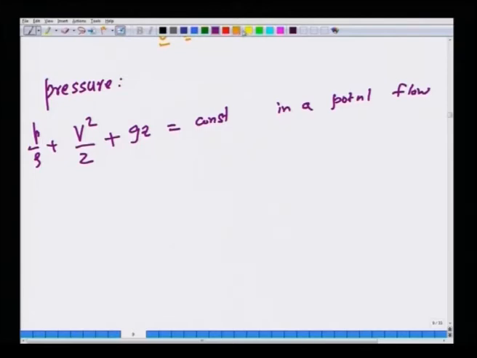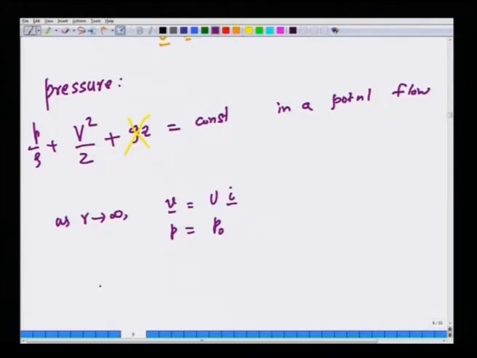If you assume that the gravitational effects are unimportant, because the distances are very, very small, so there is no effect of gravity, then essentially we will have p by rho plus v squared by 2 is constant. As r goes to infinity, the velocity vector is u times i, as we just derived, and the pressure is some constant pressure p naught.